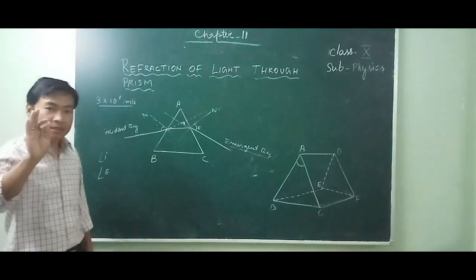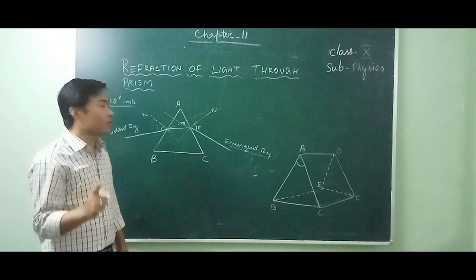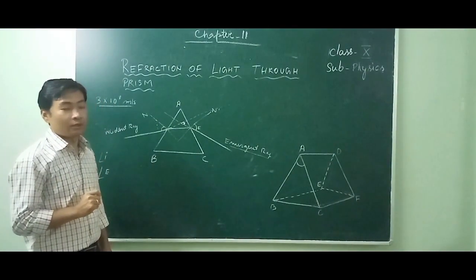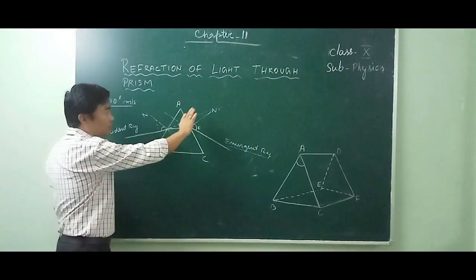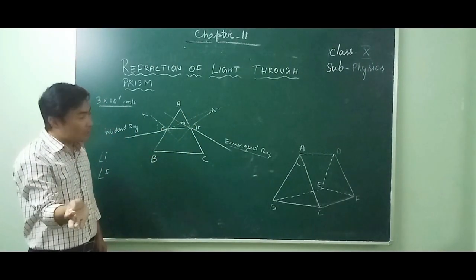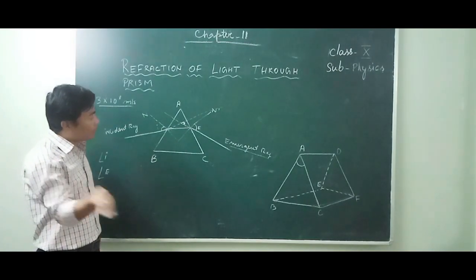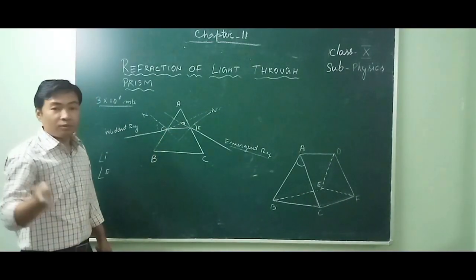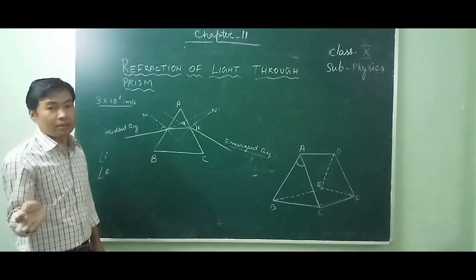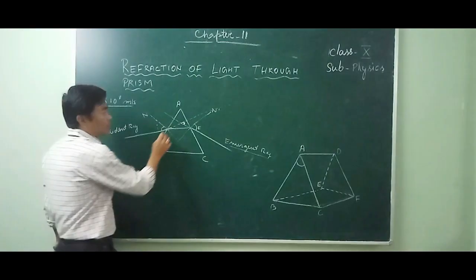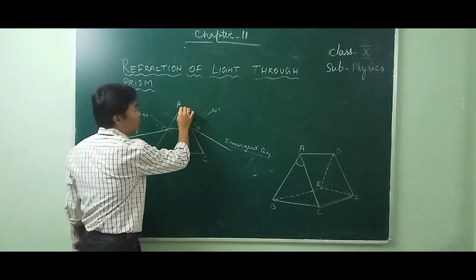Now, there are some factors which affect the deviation of the light, which means the light which was going straight is going to change its path and bend. To what extent it is going to bend depends on some factors. Number one factor is the angle of prism.